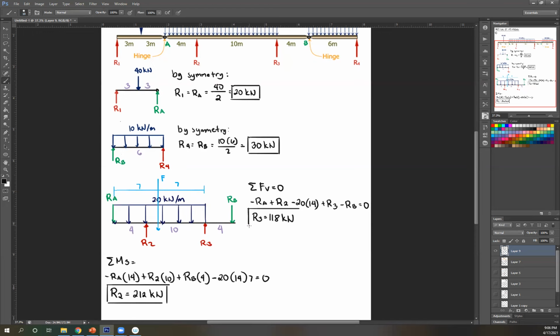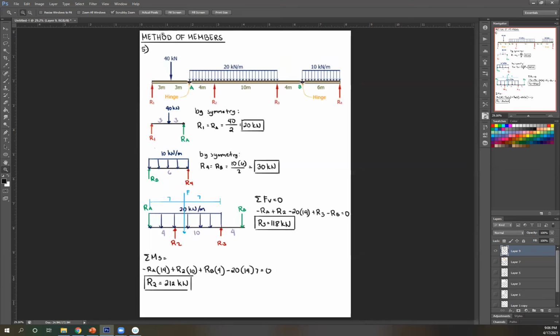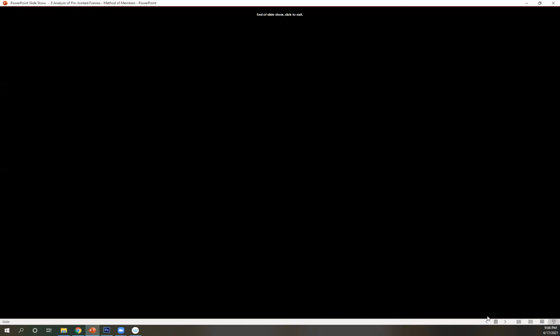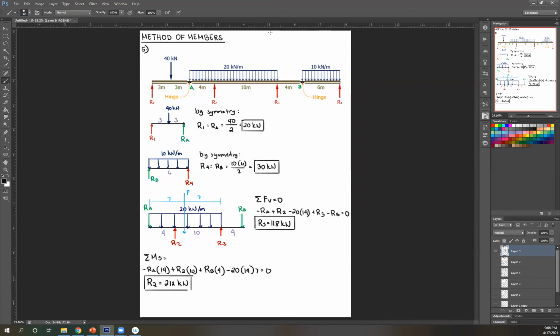And that ends number 5. Okay. So for reactions, there are 4 answers. So that ends the topic for method of frames. Next meeting is friction in your structure.